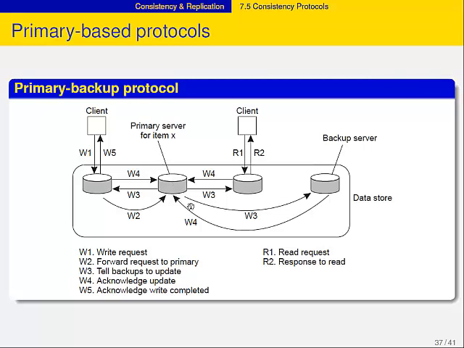The W4s are the acknowledgements. But then how does the left database thing know when to send W5? And that's what I mentioned. What I should have done is in this primary, tell this guy over there, hey, I have all the updates. And then W5 can take place. So I could also say that W5 actually proceeds from the primary through this thing back to the client. Okay? So you're right in that sense.